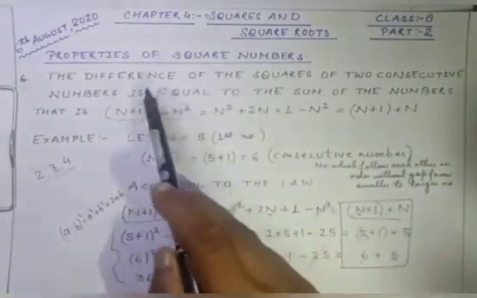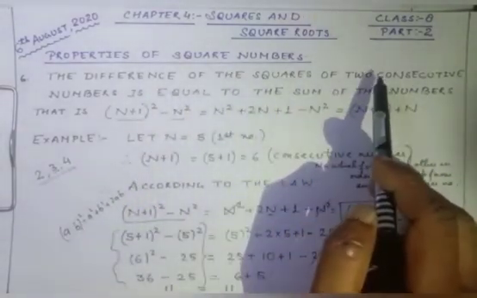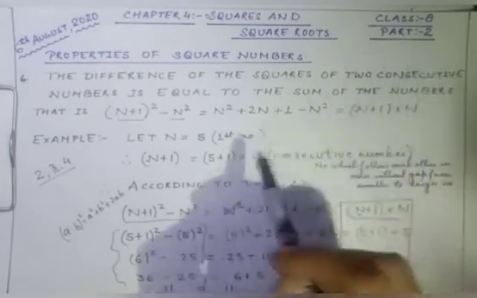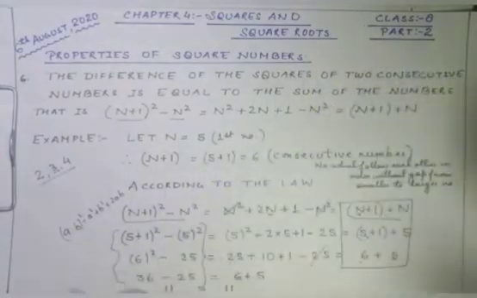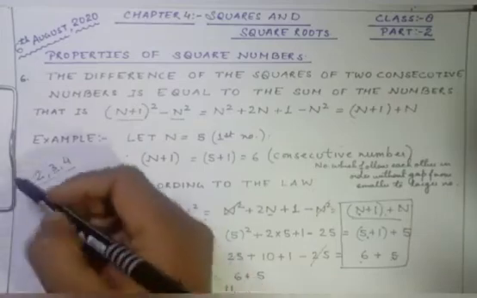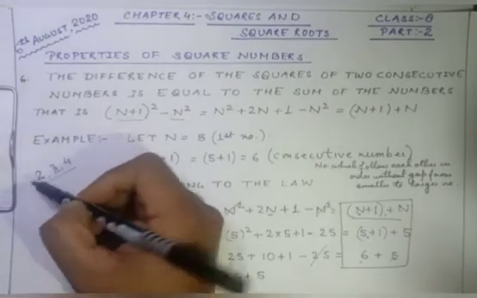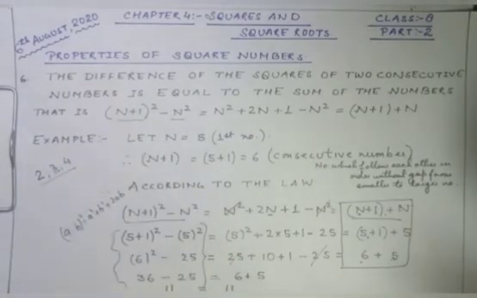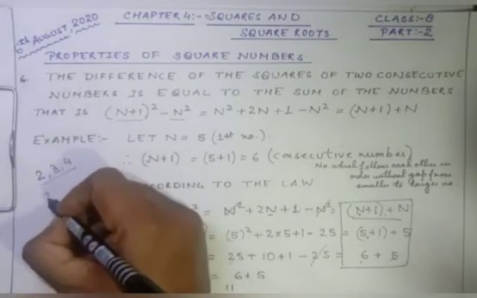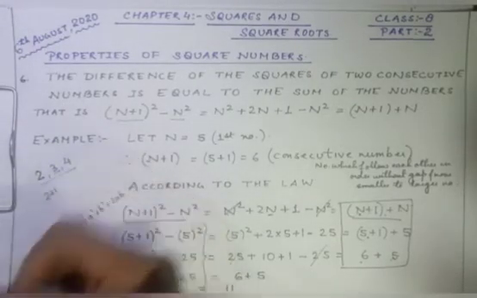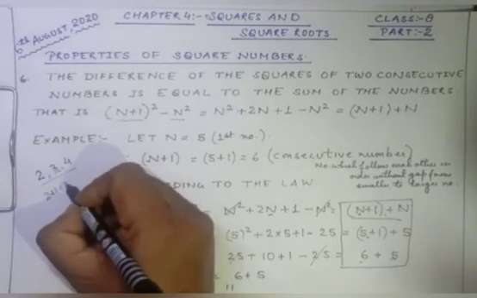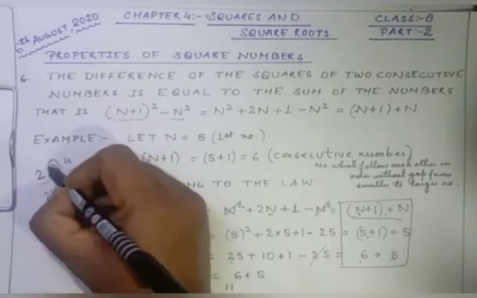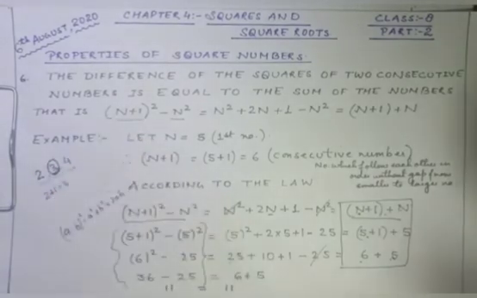Now, after seeing the property, the first question that arises is: what are consecutive numbers? Suppose I take the first number as 2. What will be the consecutive of 2? Simply I add 1 to that number, it becomes 3. So the consecutive number of 2 is 3. So what are consecutive numbers?